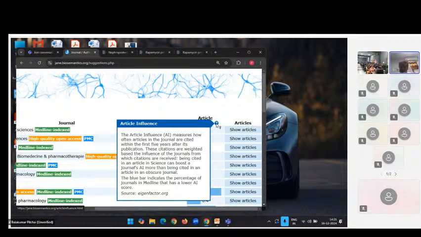So if you want to submit your article to some journal, try to check the article influence score, one of the important metrics. Whatever the journal may be, within 5 years of submitting the article, how many times it receives citations is the most important thing. Dear audience, the outcome of research is publication.